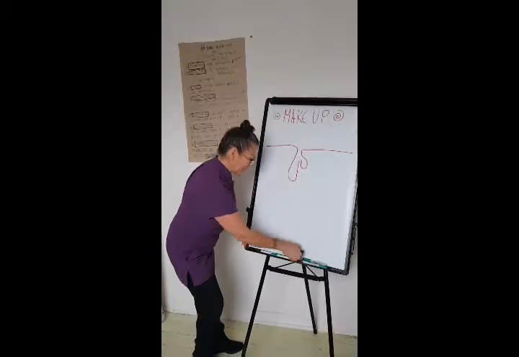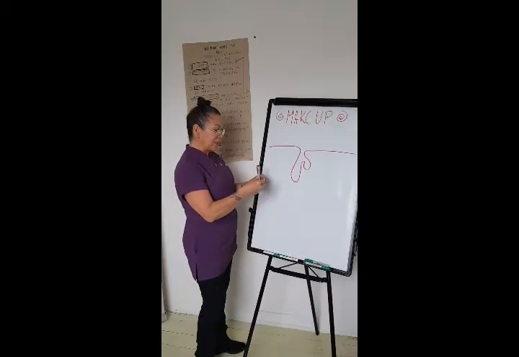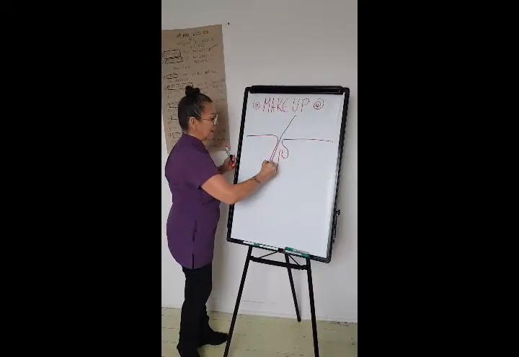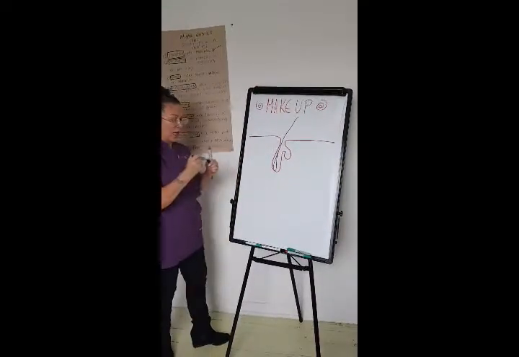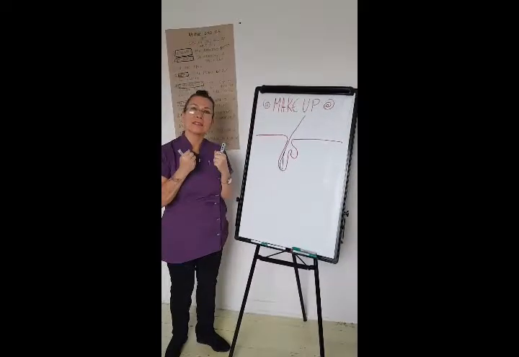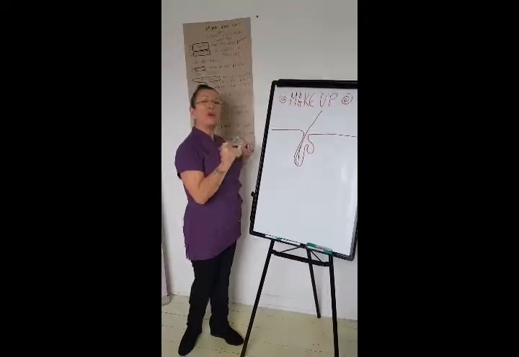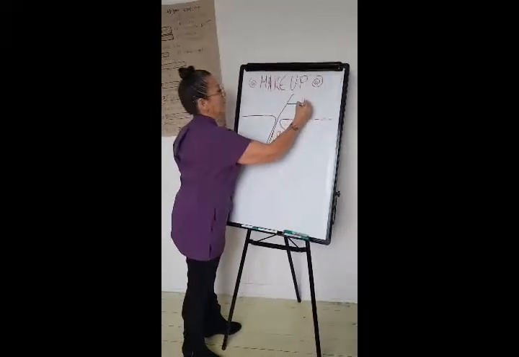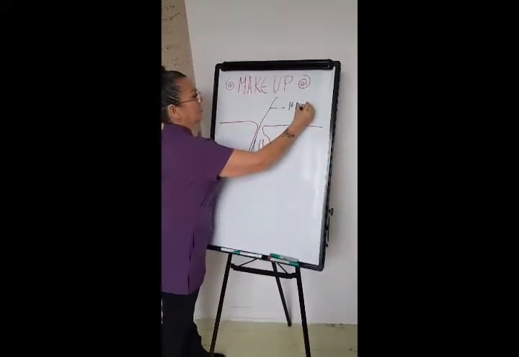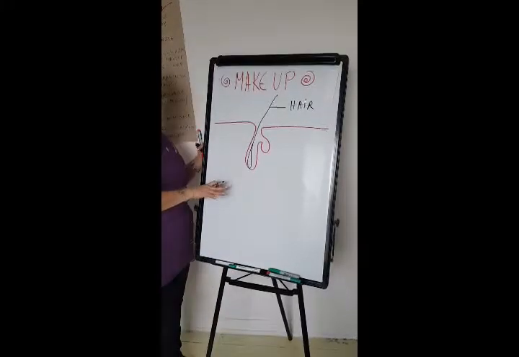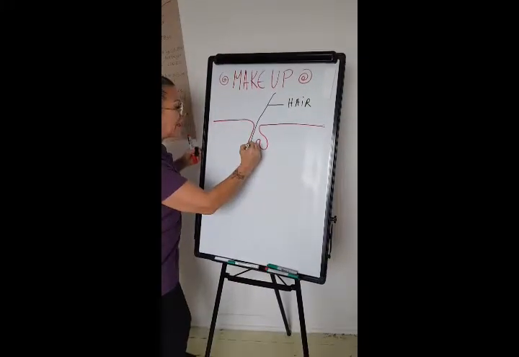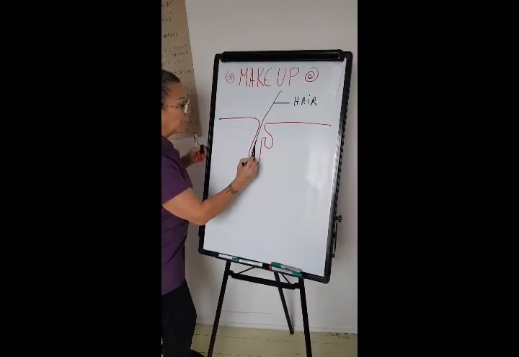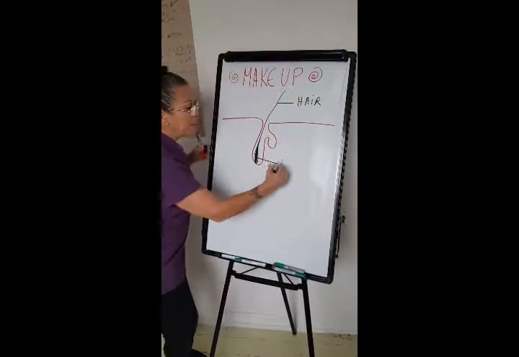If we draw something like that and we decide to look at the skin as if we have a magnifying glass in our eyes, we will look at the hair and, inside of the skin, the hair bulb or the hair root called the papilla.